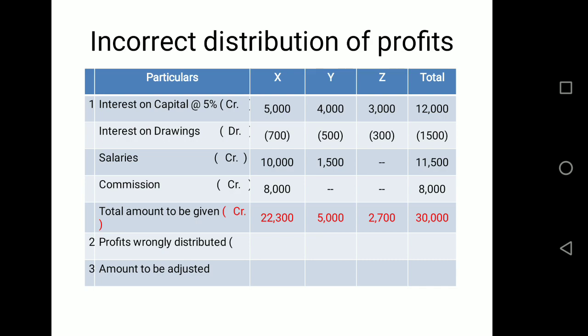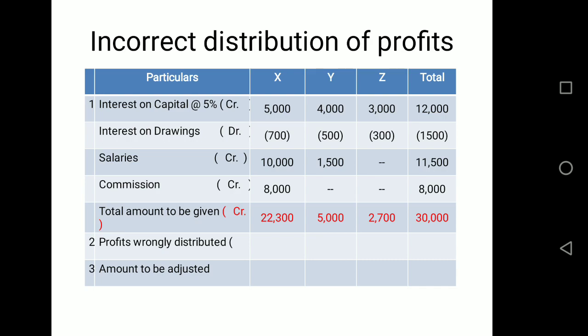And in total, 12,000 plus 11,500 plus 8,000 and minus 1,500, that comes to rupees 30,000. Your total must match in both ways, from the total column and from the row, horizontally as well as vertically. You do this just to verify that there is no calculation error.